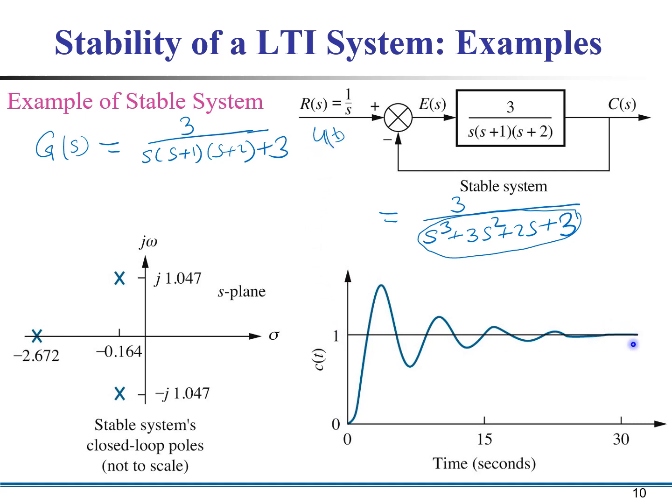So at the end the output of the system is going to converge to the forced response of the system. This means in the steady state the output of the system, C of t, will be equal to C_F of t.